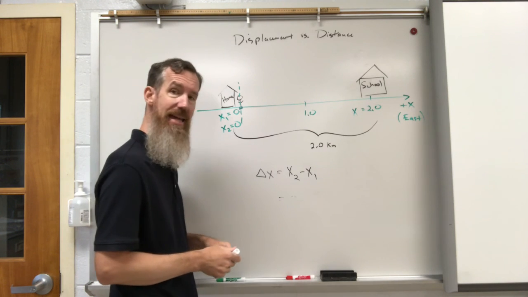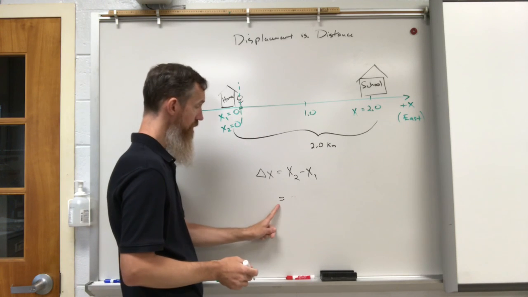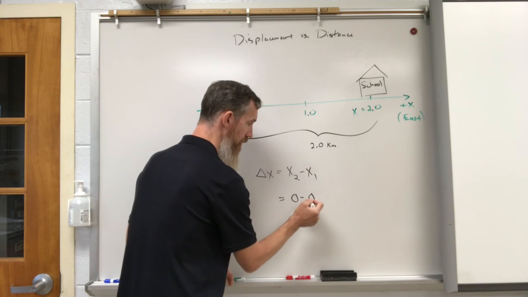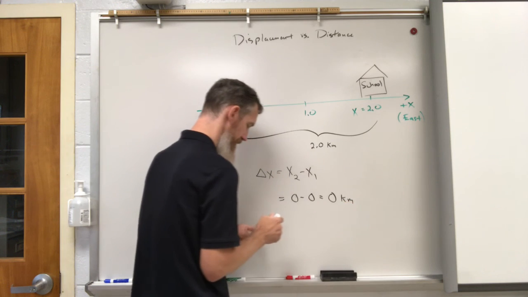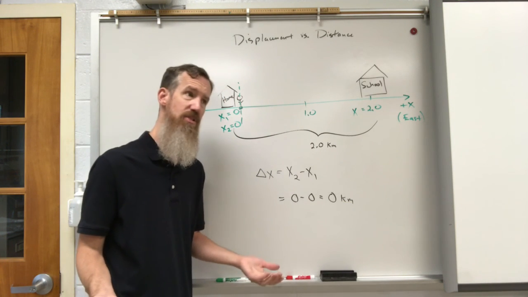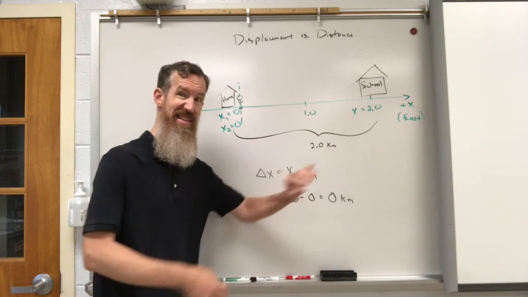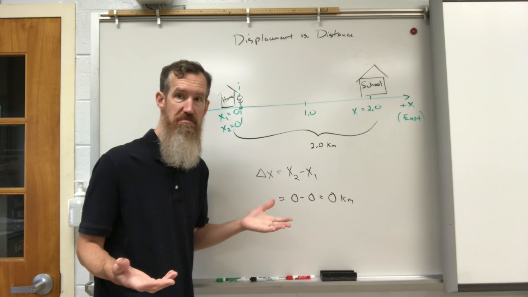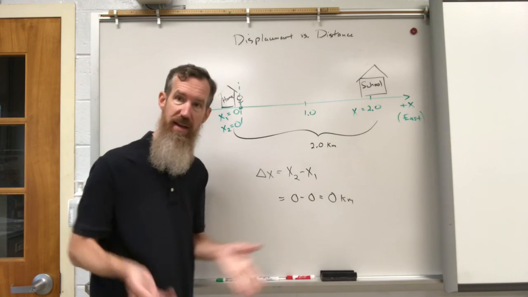And if that's the case, my displacement goes from zero, I should say from home back to home. And your displacement is nothing. A physicist would say, you didn't go anywhere because you started in one place and you ended back at the same place. No change in position after this event.